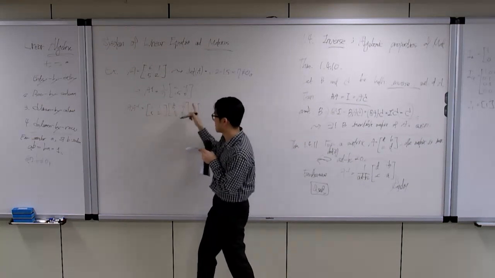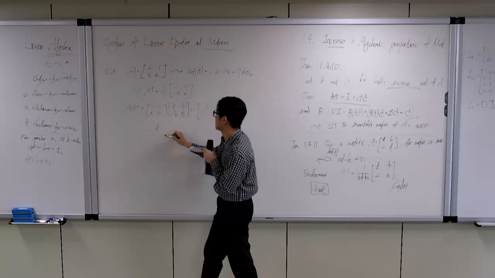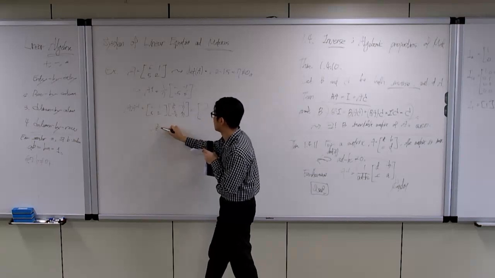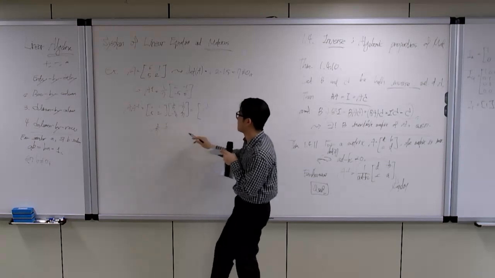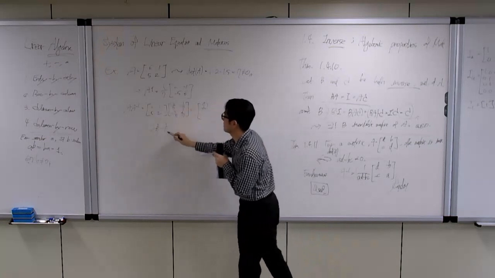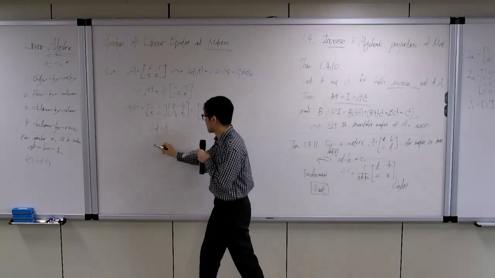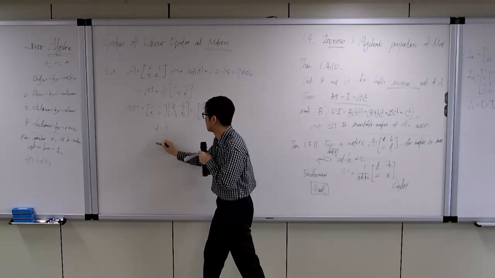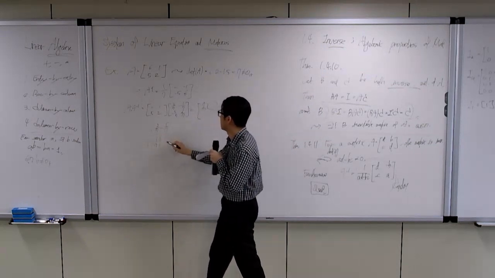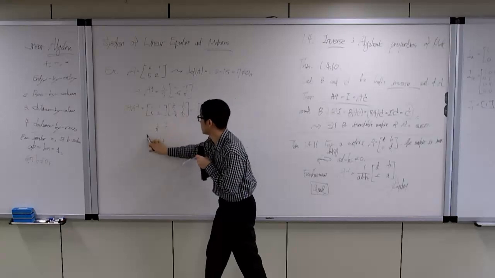In the first entry, 6 times 7, 2 minus 5 over 7, then it is 1. And the second entry, if we calculate it, 1 plus, oh no, not 1.